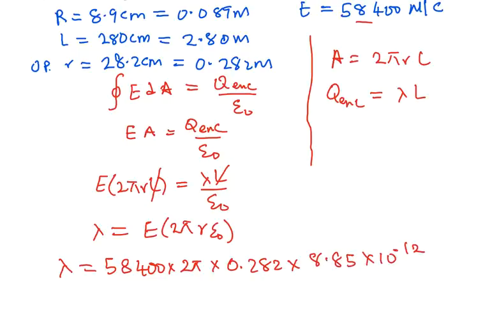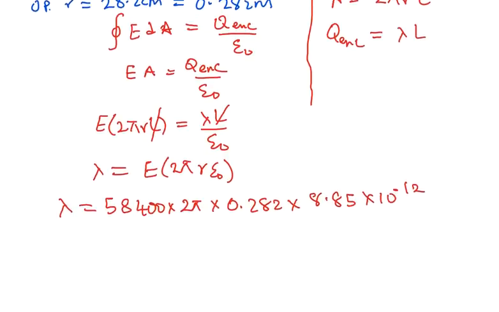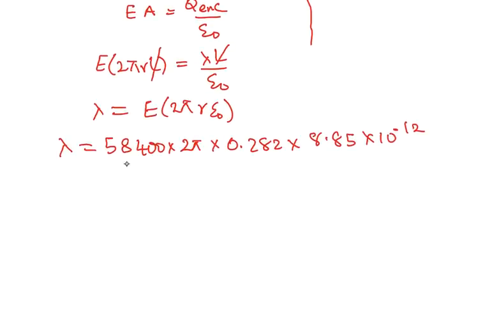Good. If you use your calculator to multiply this out, we'll have lambda equal to 9.16 times 10 to power negative 7 coulomb per meter.